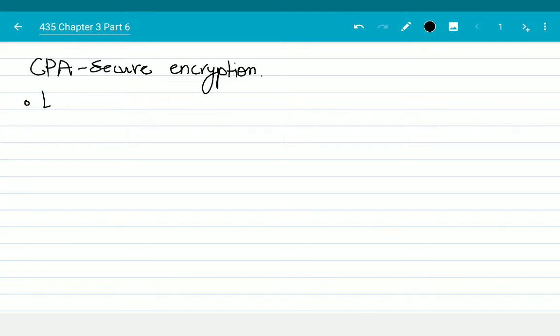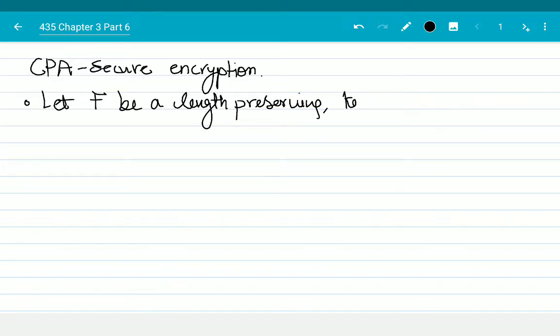So let f be a length preserving keyed function. The key generation algorithm works as follows.